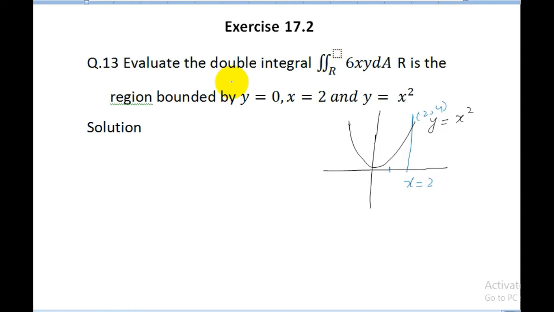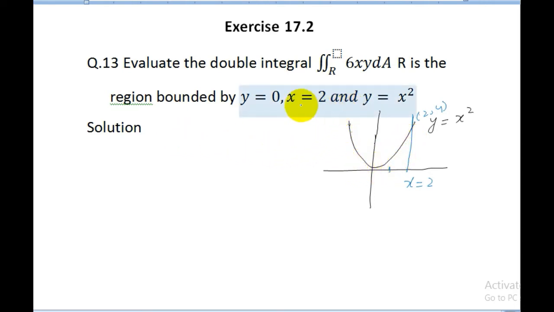Now we solve a problem related to double integral. Evaluate the double integral over the region R of 6xy dA. R is the region bounded by the curves y equal to 0, x equal to 2 and y equal to x square. So in order to evaluate the double integral, first try to sketch the region.